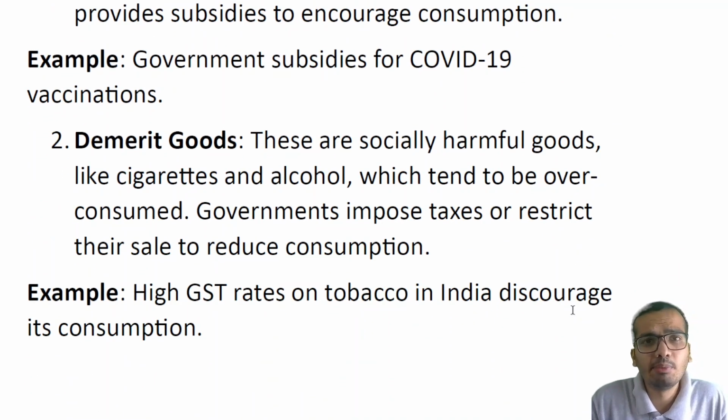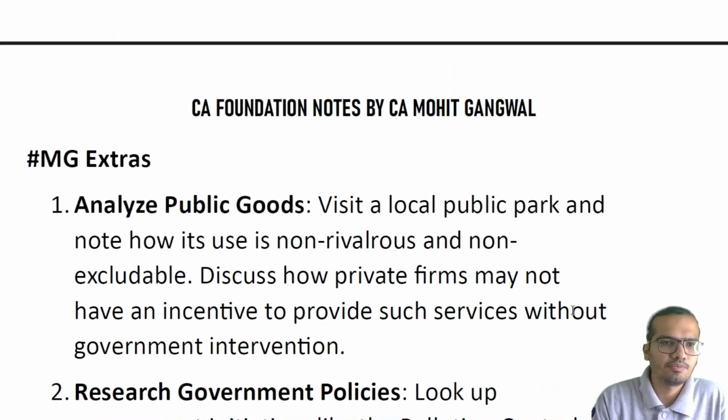Second comes demerit goods. These are socially harmful goods like cigarettes and alcohol, which tend to be overconsumed. The government imposes taxes or restricts their sales to reduce consumption. An example could be higher GST rates on tobacco in India to discourage its consumption.